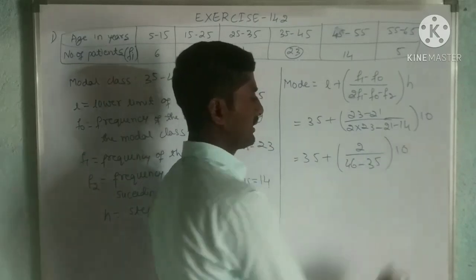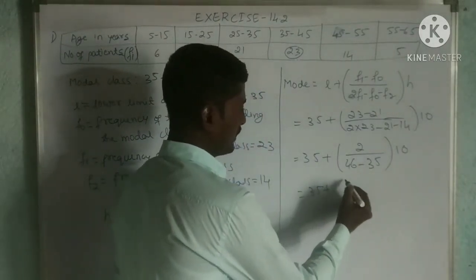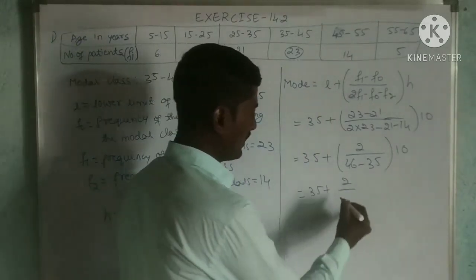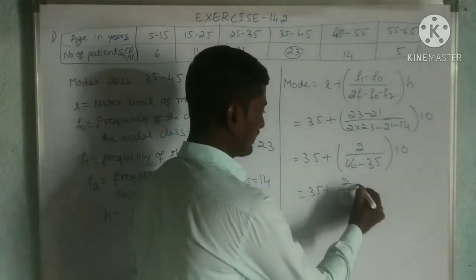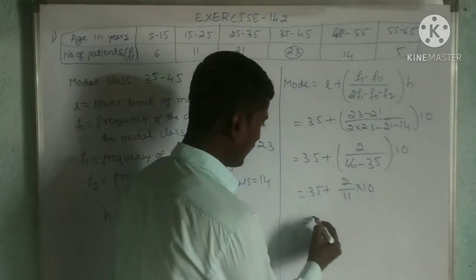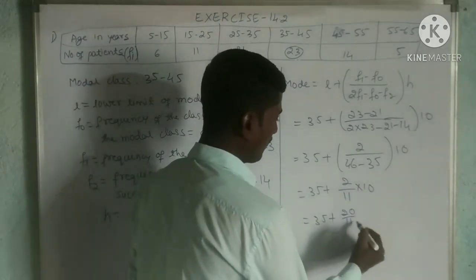35 into 10. Now this is 35 plus 2 divided by 46 minus 35, that is 11, into 10. Now 35 plus 20 divided by 11.